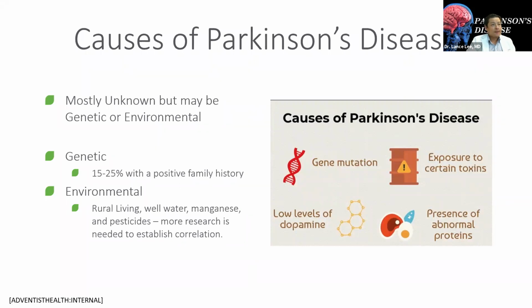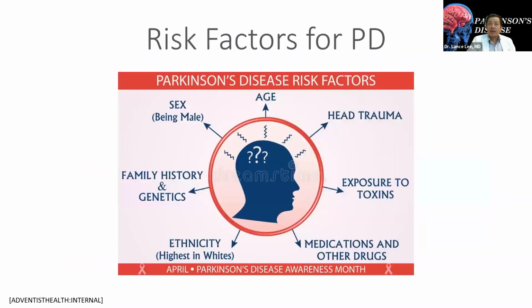So that is Parkinson's disease. Risk factors, let's talk about some of the risk factors of Parkinson's disease. We talked about age. As you get older, you potentially get more Parkinson's symptoms. Being male compared to female, and then of course family history. There's also an observation that the highest numbers are noted in the white Caucasian population rather than other groups.